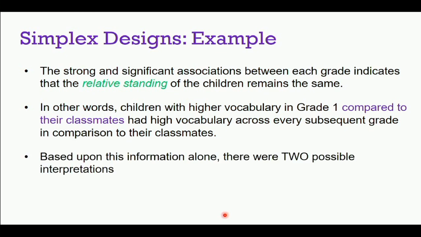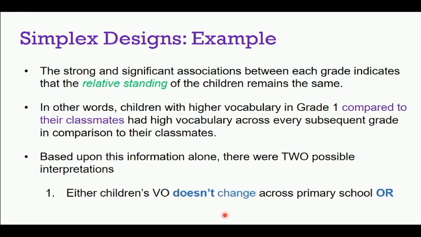So based on this information alone, there were two possible explanations. One is that their vocab doesn't change. They don't learn anything at school. Education's wasted. Or that they increase uniformly.